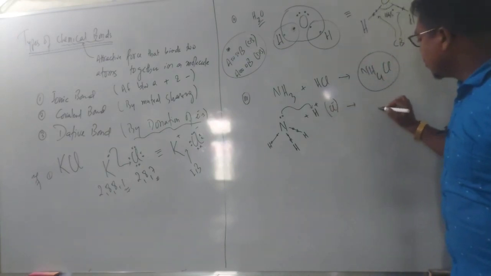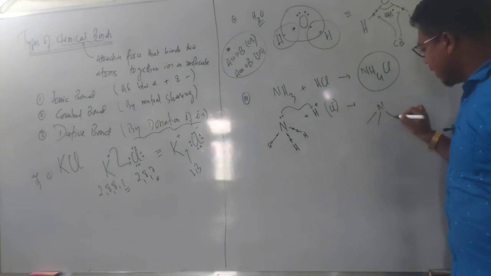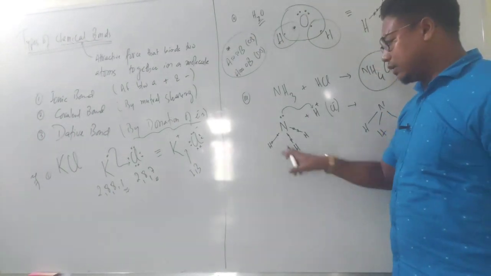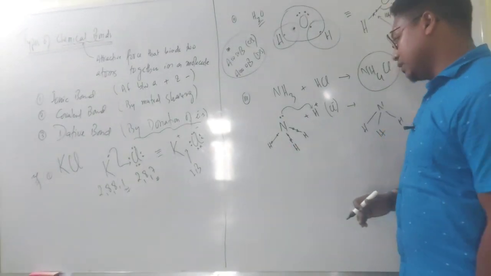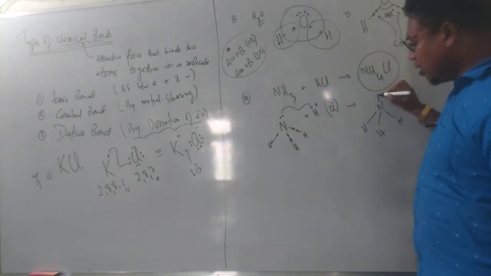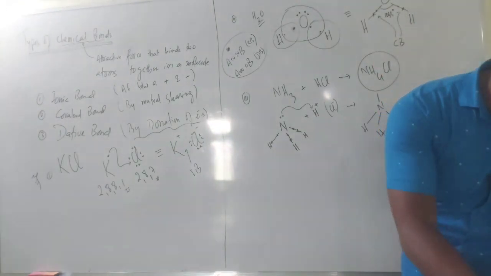So nitrogen and the three hydrogens are bonded, which are covalent bonds because these bonds are formed by mutual sharing of electrons between hydrogen and nitrogen atoms, right? So these are covalent bonds, and this third bond, let me write with a different color.